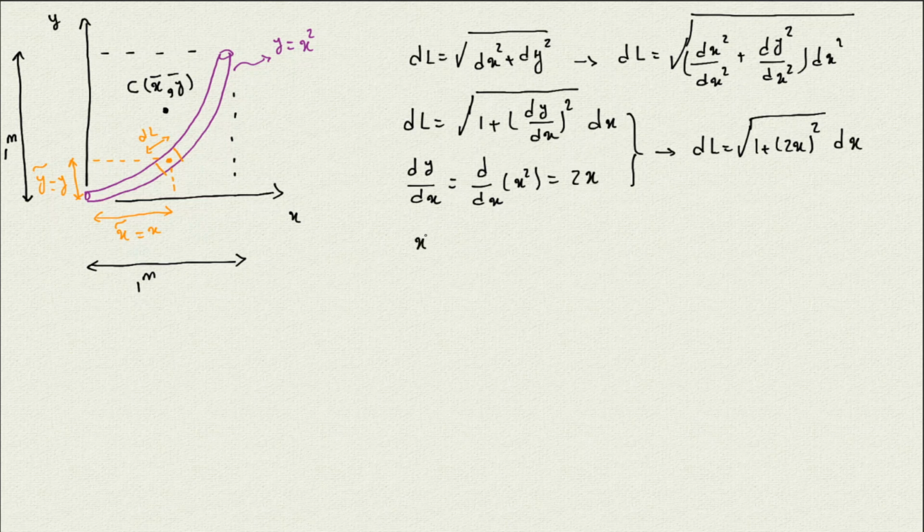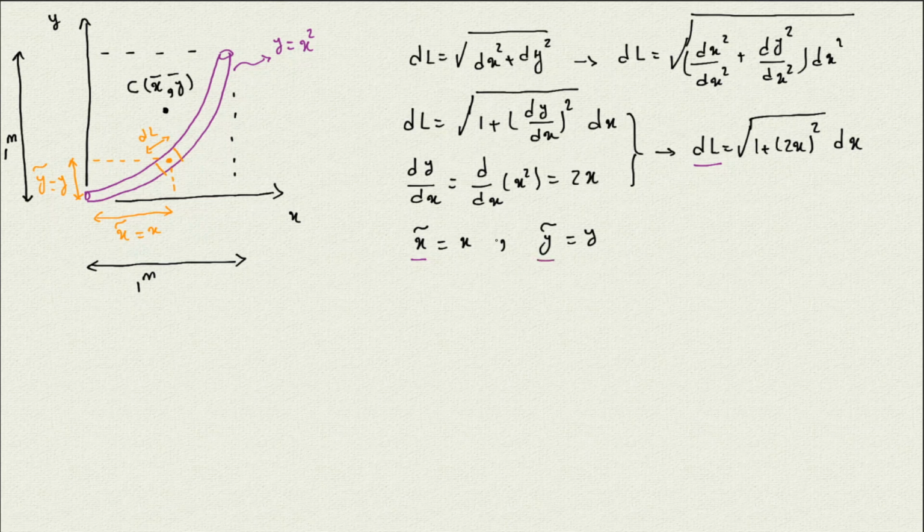And then I know that the centroid of the element has the dimensions of x and y. So now I know all the information I have. I have dl, I have the centroid of the element.